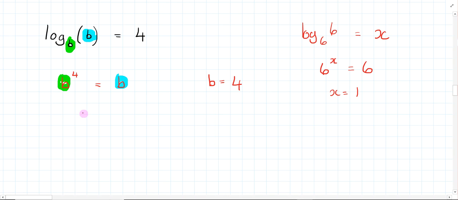So that leads us to this question. Log to the base anything of itself always equals 1, apart from 1 or 0, which is something to discuss.